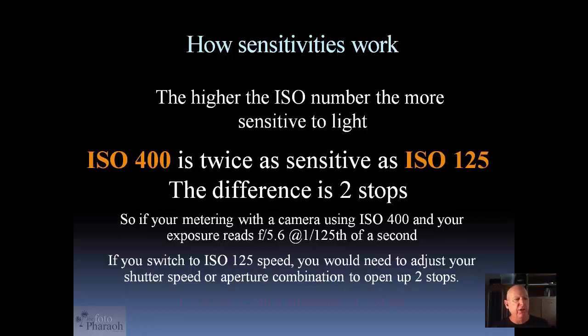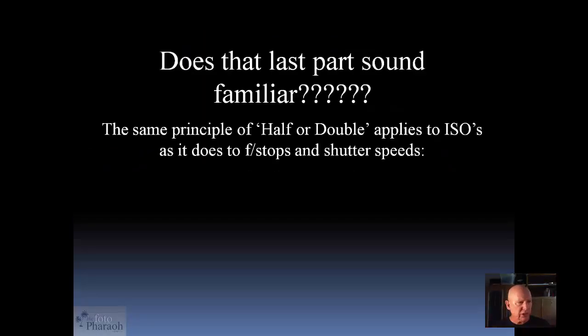Your new setting would be f2.8 at 1/25th of a second. You have a lower ISO, which means it is less sensitive, which means you need more light to accomplish the same task as you did in your first initial exposure. So this should begin to sound all pretty familiar as we went through f-stops, shutter speeds, and all that. ISO is the third pillar of the equation for exposure.